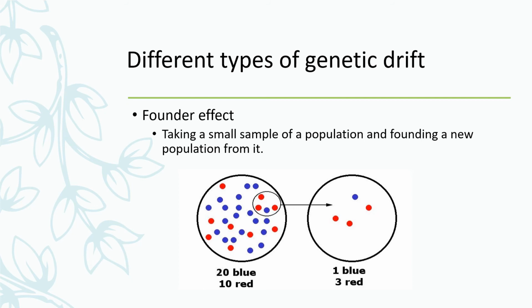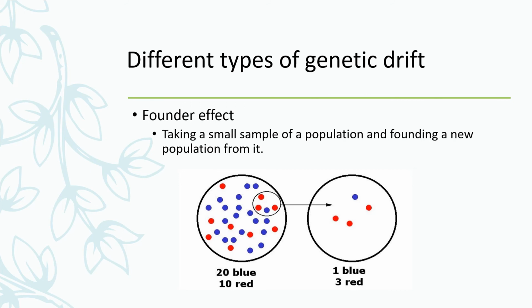But the proportion might remain different if there's some kind of selective pressure that selects against blue in the new area. And if there's a scenario where this is a complete isolation from the original population, which would remove gene flow so they can't breed back with the original population, then maybe the blue would be removed from the population as a whole, and other selective forces may eventually change the population so much that we would see just red individuals.